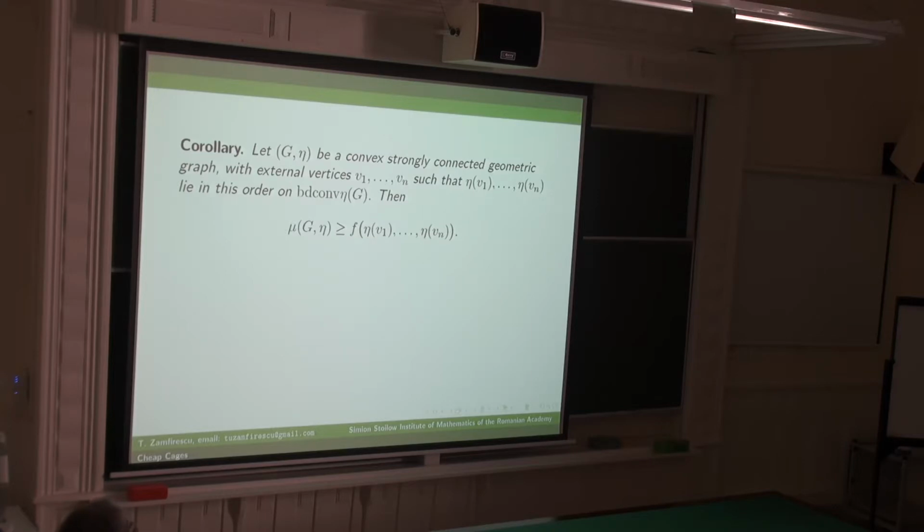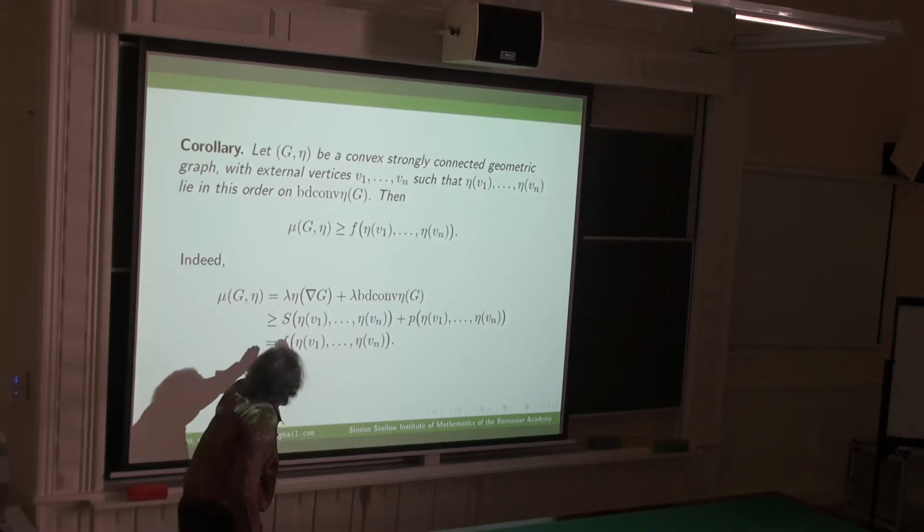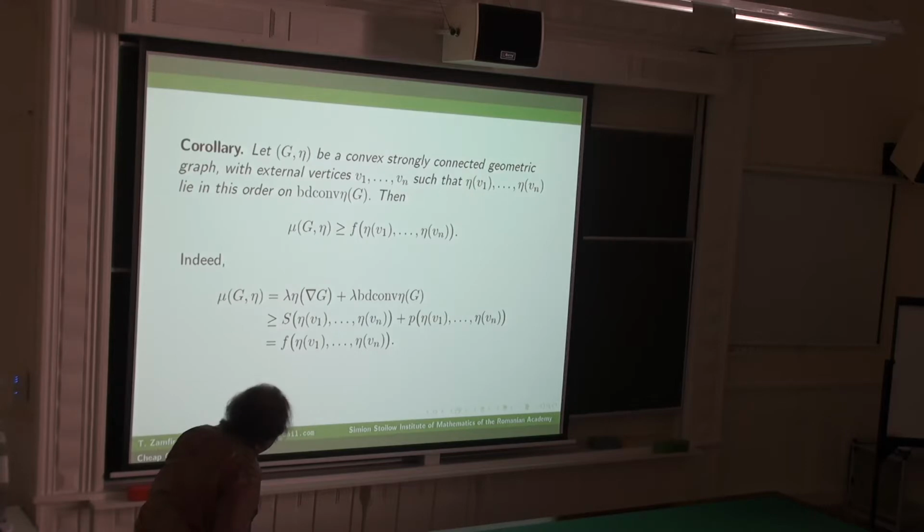Now, this corollary is clear. Why is it clear? Because the length of the geometric graph, as it was defined, you remember, is this. This is by definition, the first line here. It is at least this plus that, because the first one is the length of the projection of nabla.